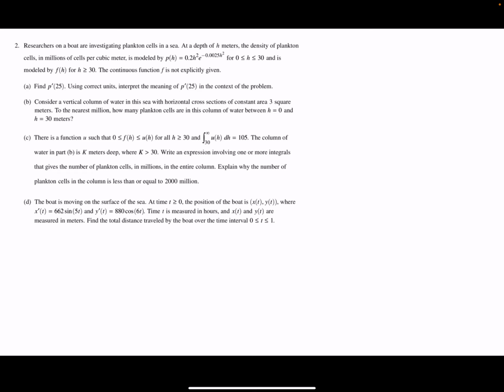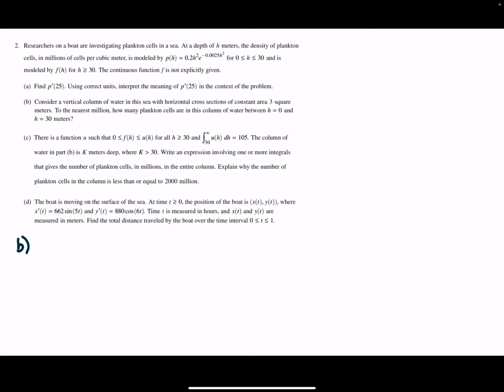We had to read this like 5 times to figure out what is going on here. So I'm taking the same column from part B with a cross section of constant area 3 square meters, and I want to know the amount of plankton in the entire column. So the thing about this is that I'm going to use the integral which gave us the amount of plankton in the original up to the depth of 30 meters.